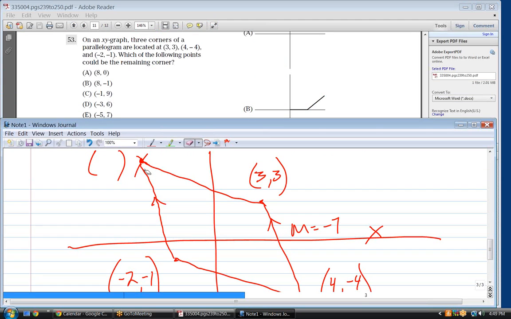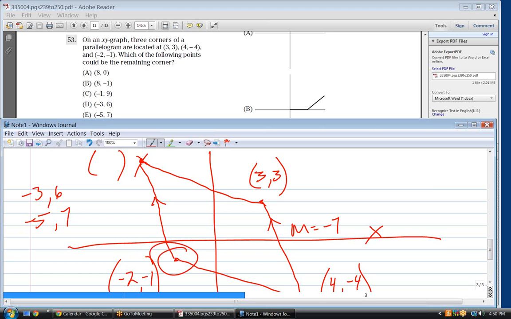Okay. So what were our possible points here? Minus 3 comma 6 and minus 5 comma 7. Yep. So minus 3 comma 6 or minus 5 comma 7. Which one of those in combination with that vertex gives you a slope of minus 7?